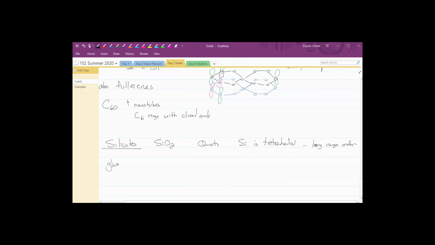Glass, all right, is also SiO2, but there's no long range order, right? We call it amorphous.